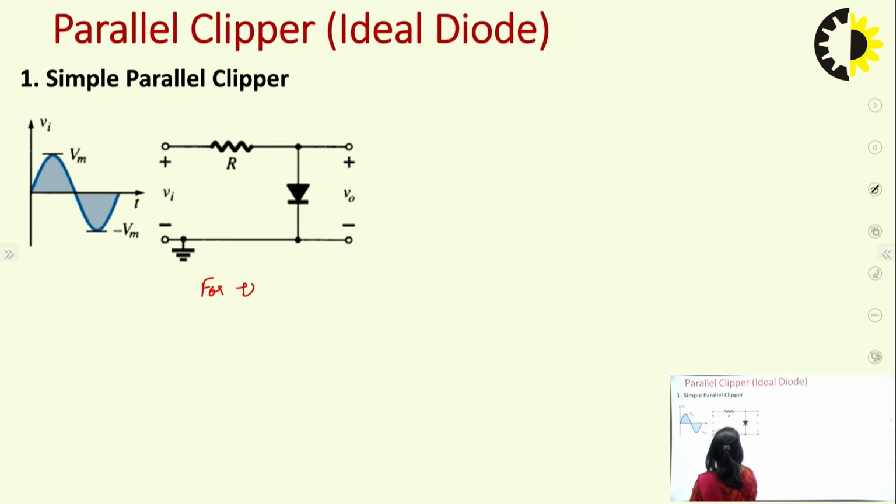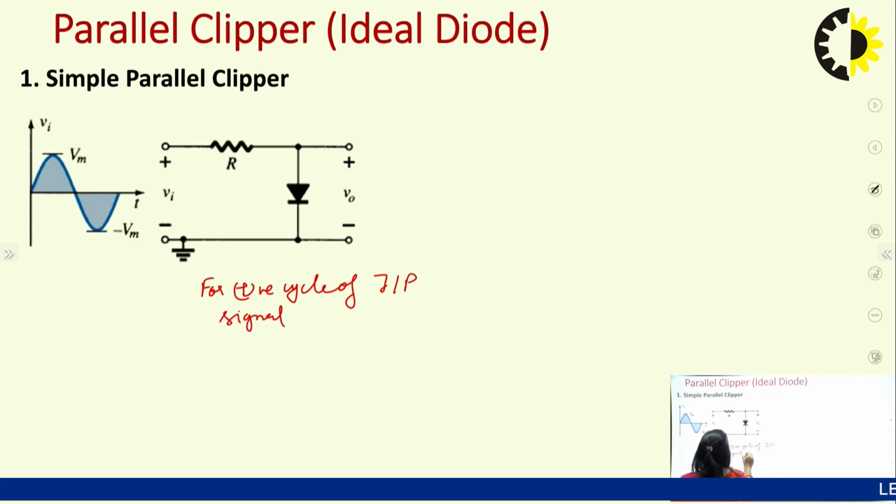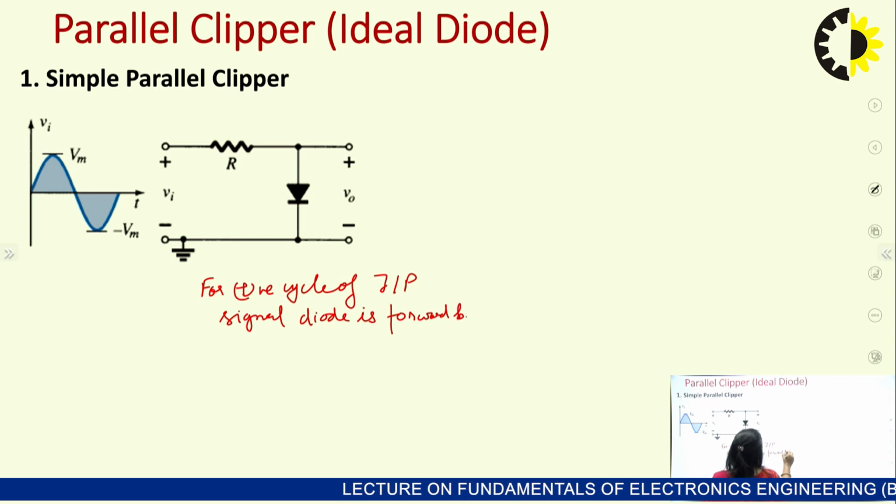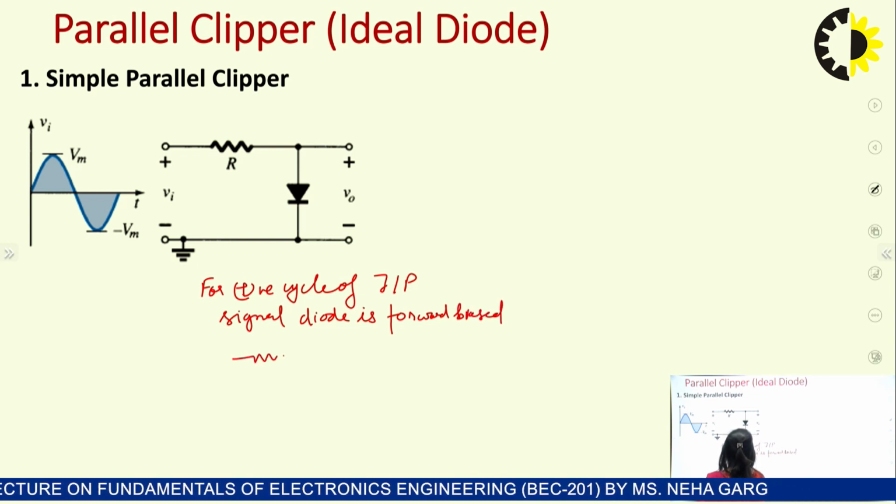For positive cycle of input signal, diode is forward biased. So equivalent circuit will be like in this way.